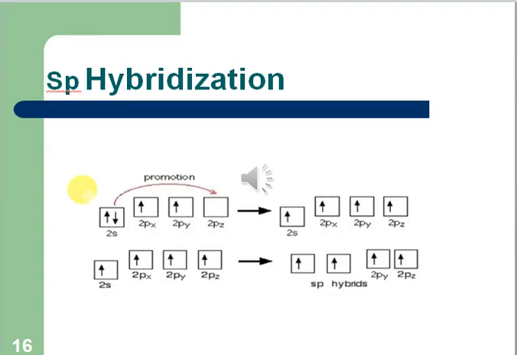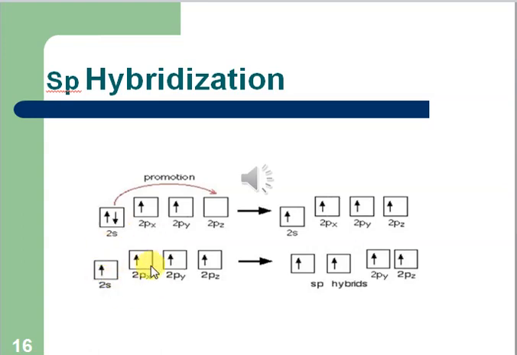Let's consider how sp hybridization occurs. Again, firstly we have to explain the tetravalency. One of the electrons from 2s will jump to 2p, so we have 4 unpaired electrons in these orbitals. Now only 2 orbitals will mix. These 2 orbitals are involved in mixing.